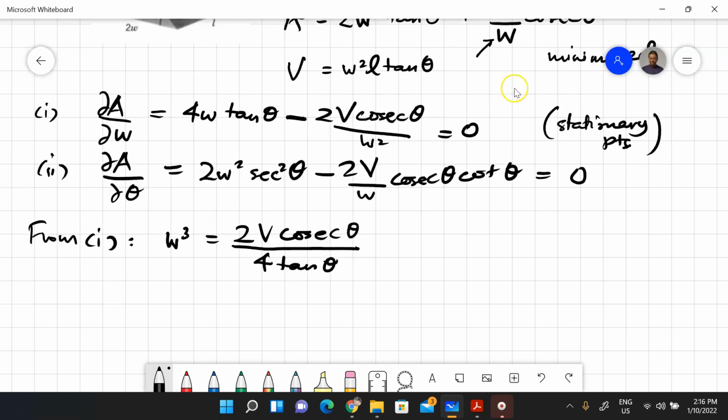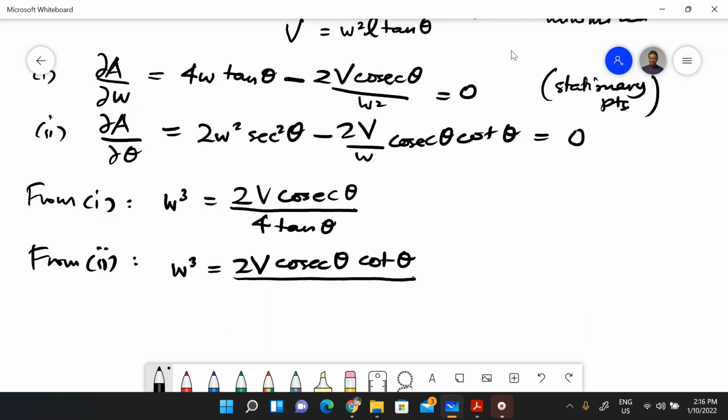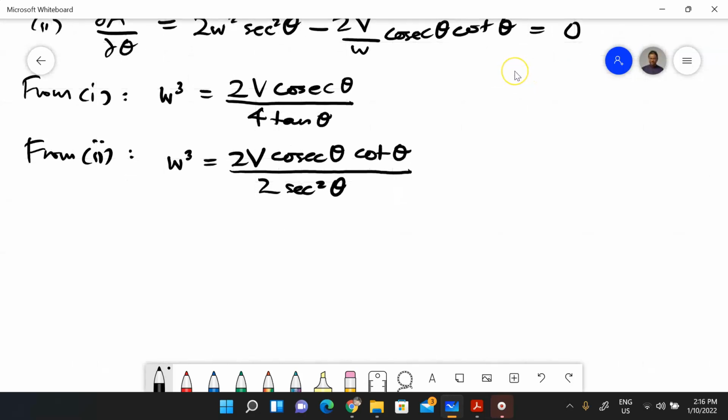And then from equation 2, you have another equation for W cubed, which is 2V cosecant theta cotangent theta over 2 secant squared theta. Okay, so now we need to solve this. We have two equations for W cubed, so you equate those.